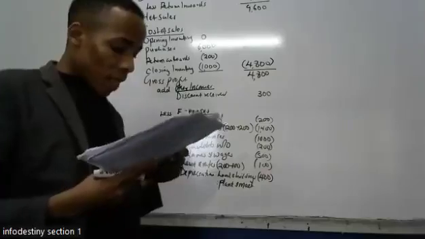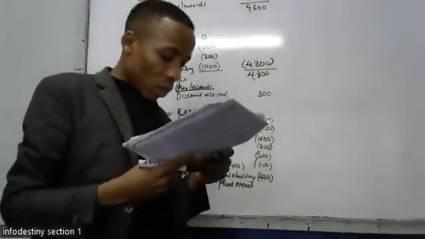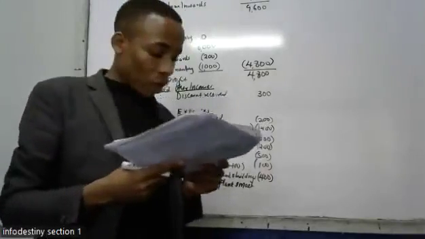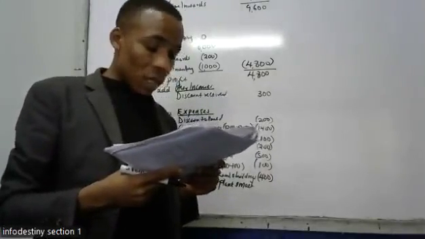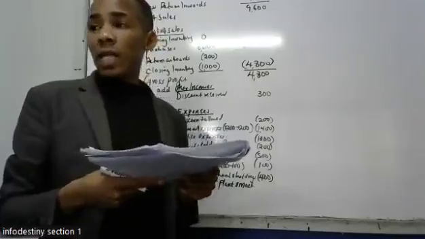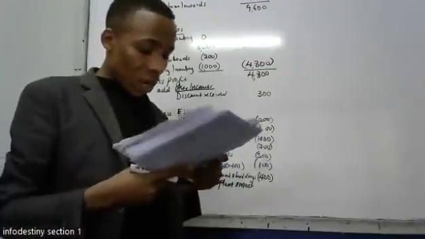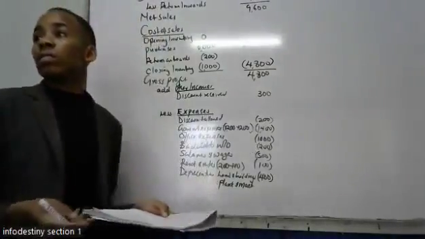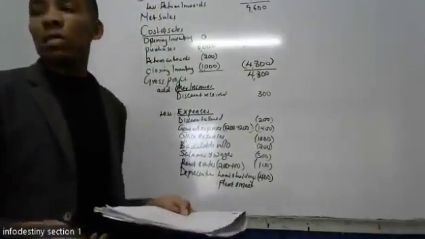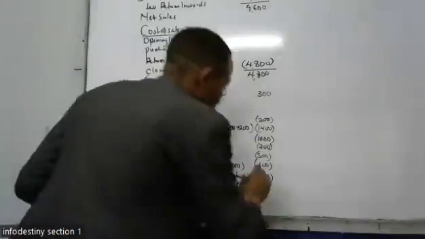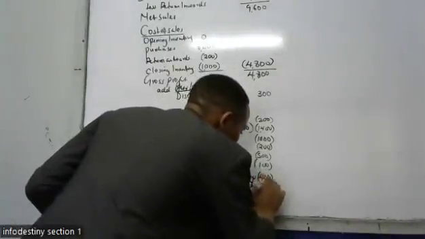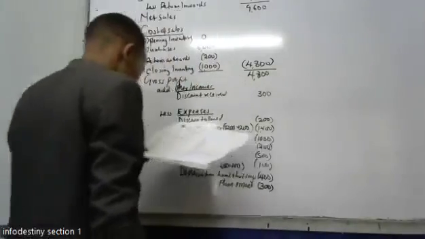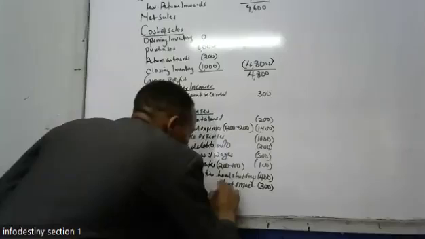The cost of plant and machinery is 3,000. We minus accumulated depreciation of 1,500. So 3,000 minus 1,500 we remain with 1,500. Then we take 20% of that. 20% of 1,500 is 300.